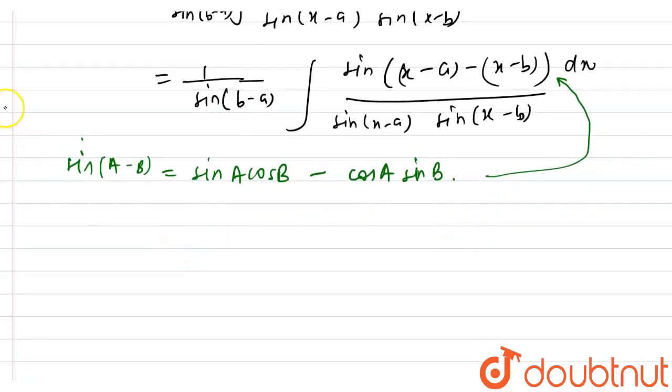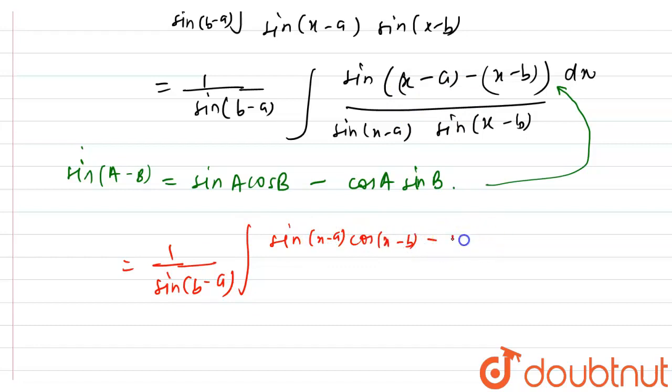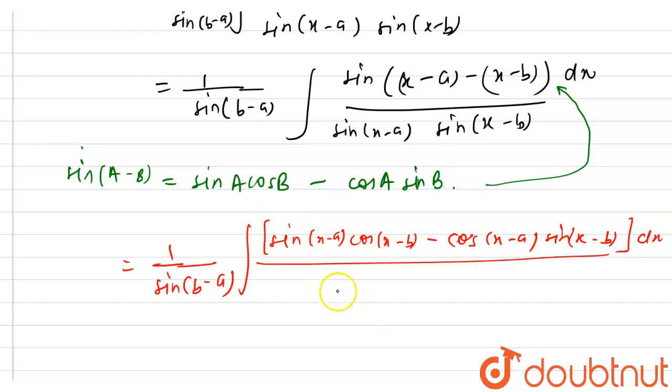So I can write 1 over sin(b − a) as it is, and here I'm going to open the formula, so it will be sin(x − a) cos(x − b) − cos(x − a) sin(x − b), and complete dx, and in the denominator it is the same, which is sin(x − a) and sin(x − b).